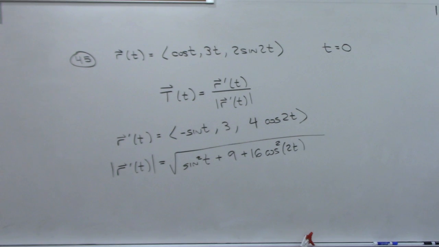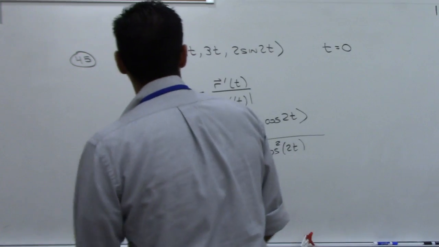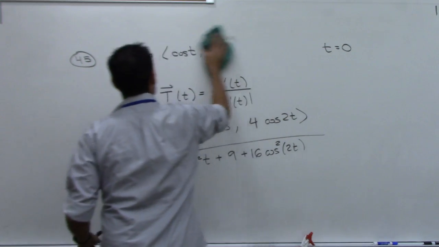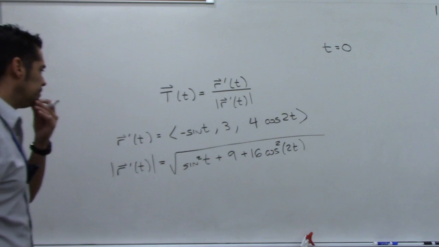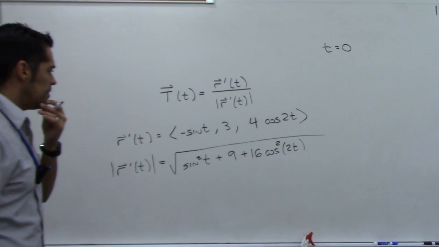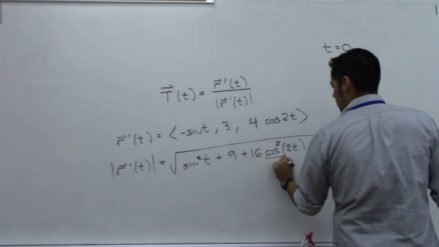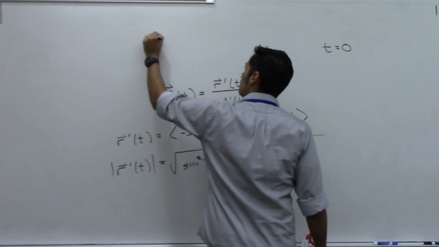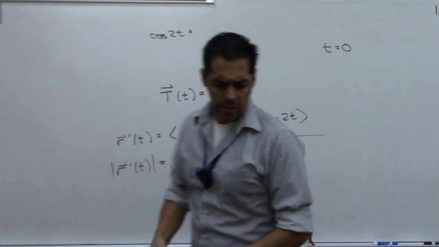All right, so is there any way we can clean this up a little bit? Well, I think we can. Let's just take a look at the inside here. We can use some identities from pre-cal. So remember, first of all, what is cosine of 2t? There were some equivalent formulas.